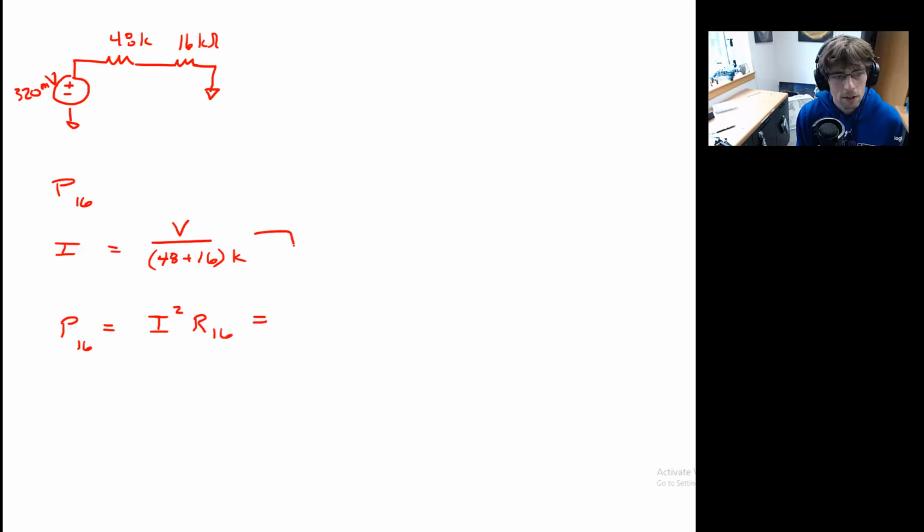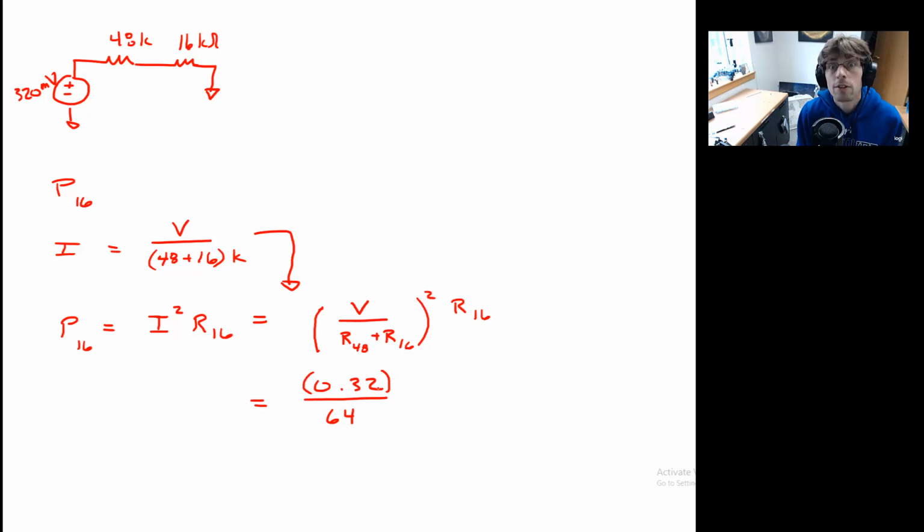And taking our substitution and plugging it in, I'll go ahead and do it in variable form first. We have V over (R48 plus R16) squared times R16. And plugging in our values, we have 0.32 divided by 0.32 squared.